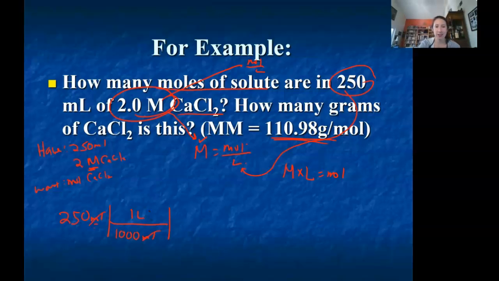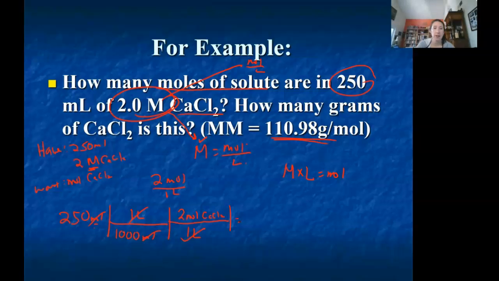Now we have liters. Remember, 2 big M is 2 moles over 1 liter. So I can just rearrange that: 1 liter, 2 moles, liter, liter. And there we go.